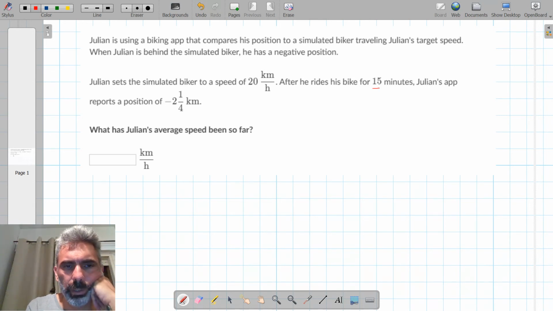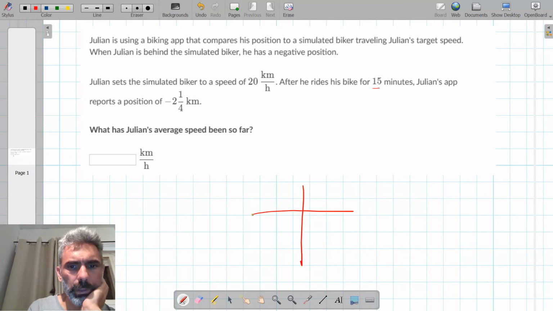If Julian was to ride for 60 minutes, so we have kilometers, we have hours.